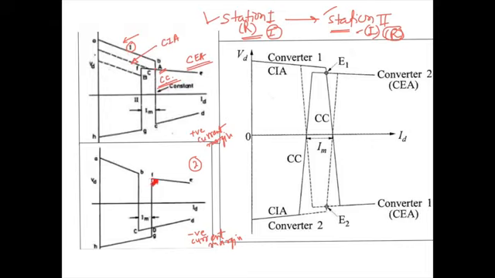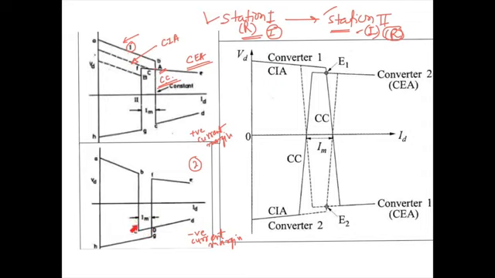Moreover, the characteristic FE represents the characteristic of inverter, and the same inverter is now working as a rectifier during power reversal mode. So the corresponding control characteristic for station 2, which is now acting as a rectifier, is represented by line HG, and then it has its own constant current characteristic.